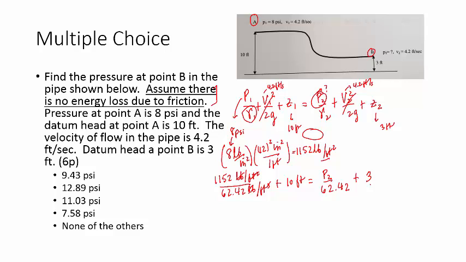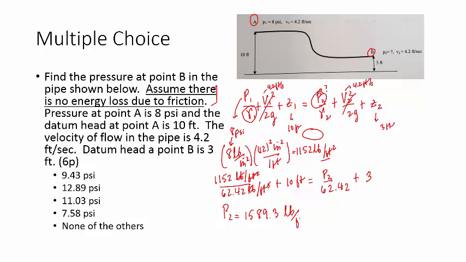Then you solve for P2, and P2 should give you 1589.3. You can pause this recording and make sure that you do the calculations correctly.